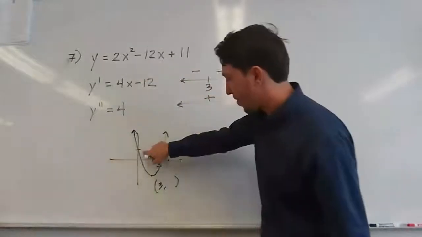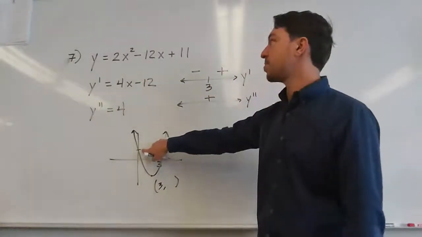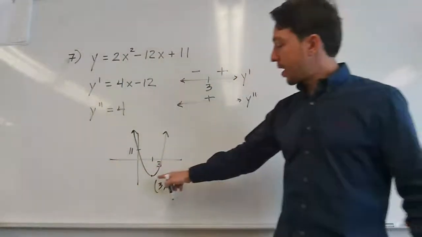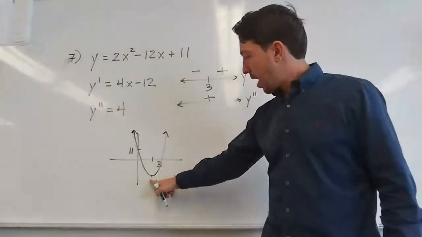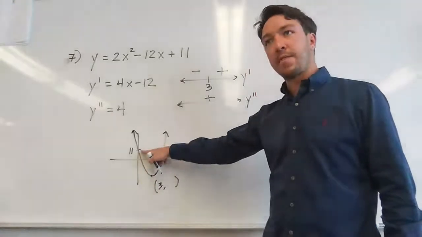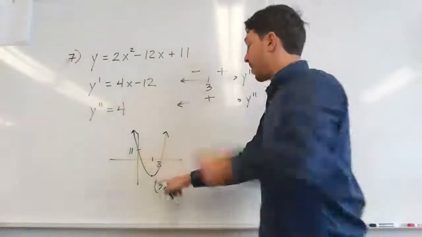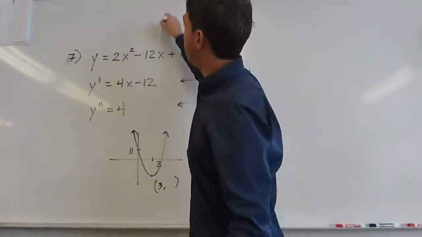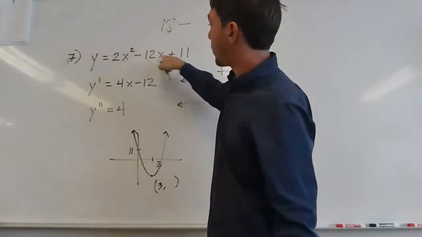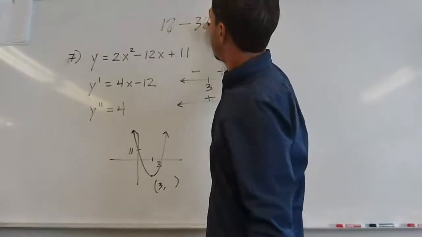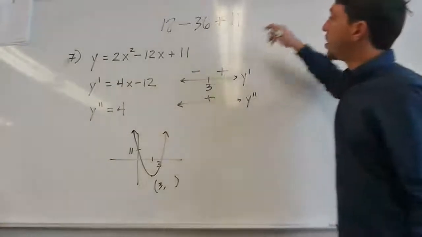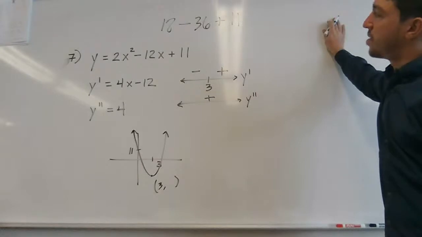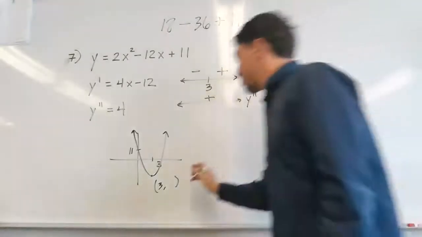What's the y-intercept of the function? 11. How could I get this point? The same way, plug the x value into the function. If I plug 3 in, I get 9 times 2 minus 12 times 3 plus 11. So what is that? 29. So -7. Is that right?